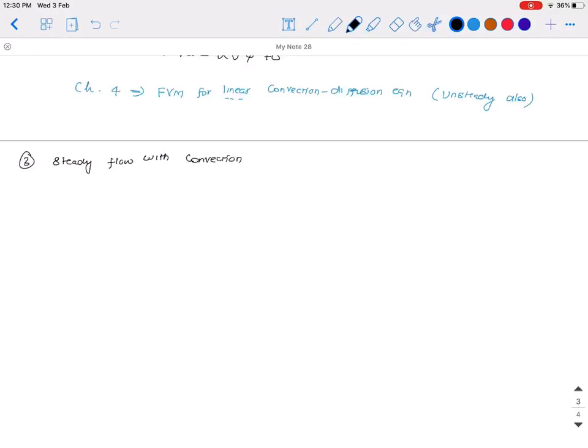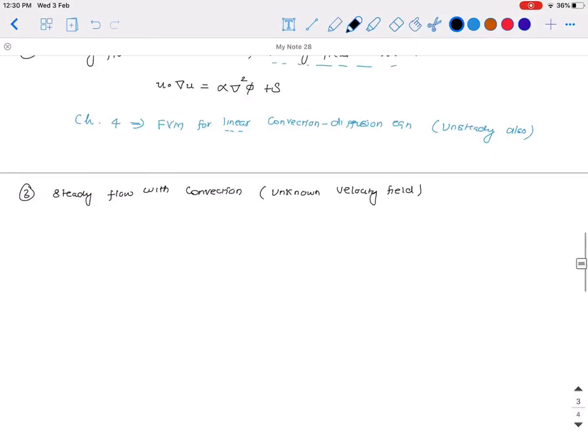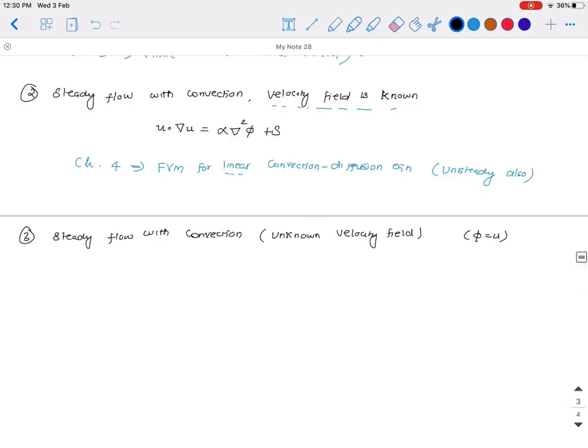Now we assume that the velocity field is unknown. For simplicity let's take phi equals u. Sorry, this is not correct, here it should be phi.